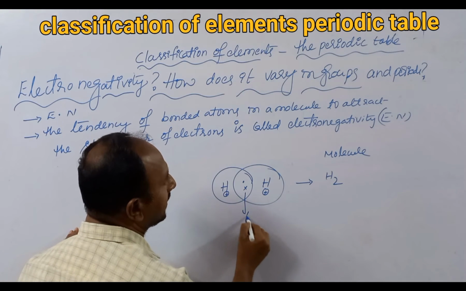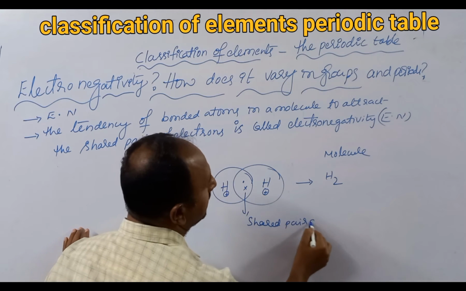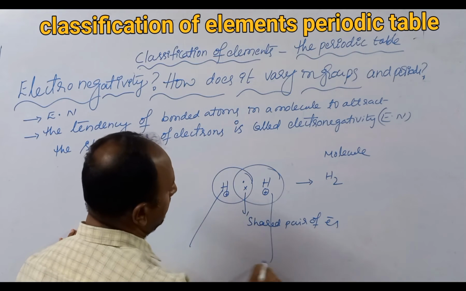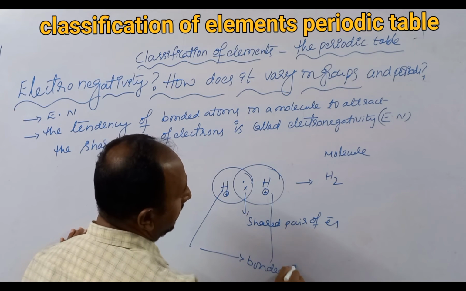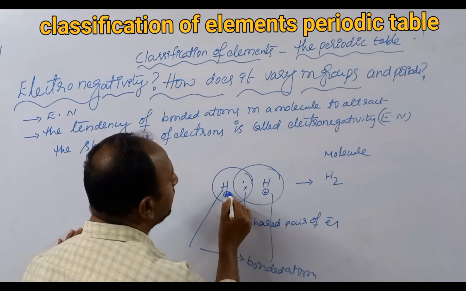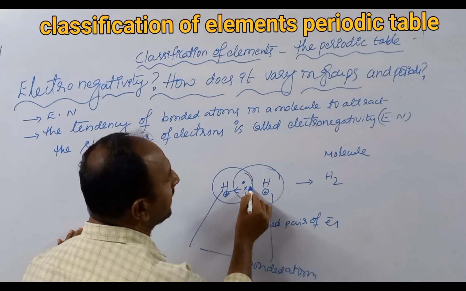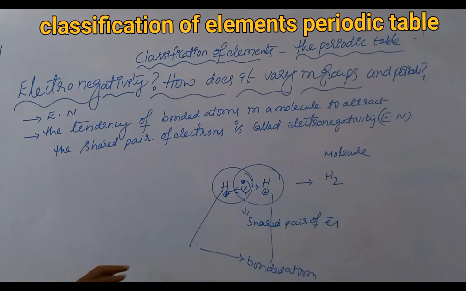It is a shared pair of electrons, and these 2 are bonded atoms. Each one has a nucleus. With its nucleus it can attract this shared pair of electrons towards itself.